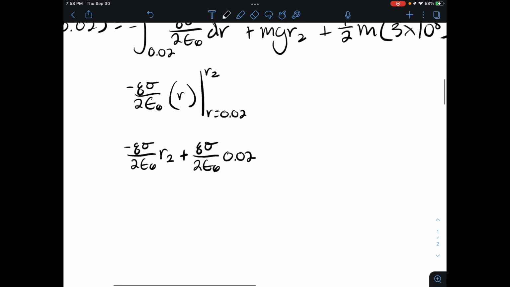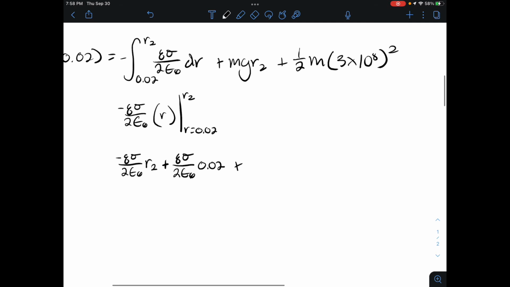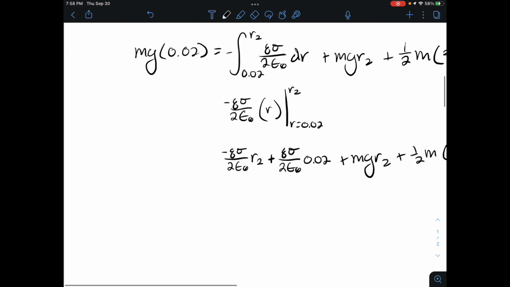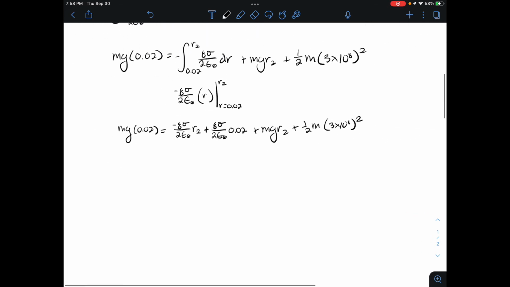All right, and that's just in the middle of this whole other equation, m times 3 times 10 to the 8th squared, mg 0.02. So that's just that in the middle of that equation.